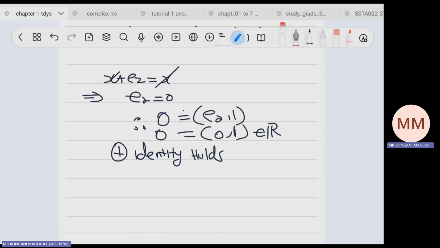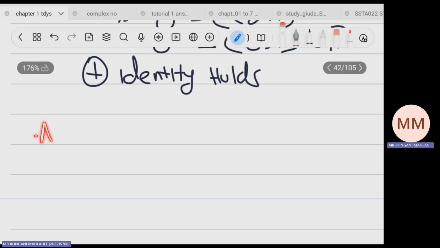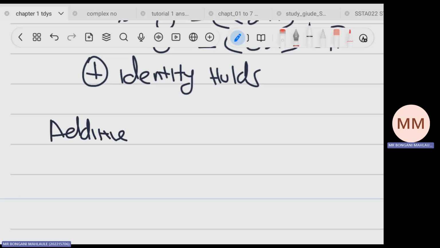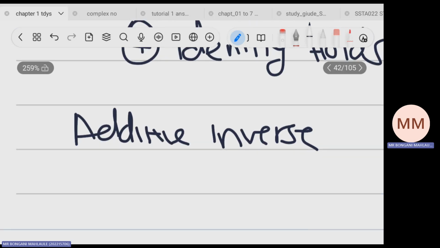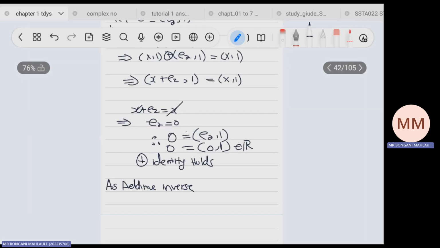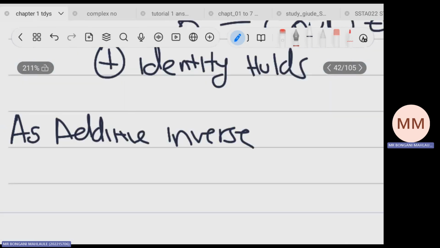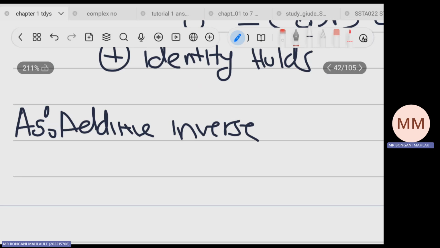Then I can check additive inverse, which will be A5, right? A5 done with A4.